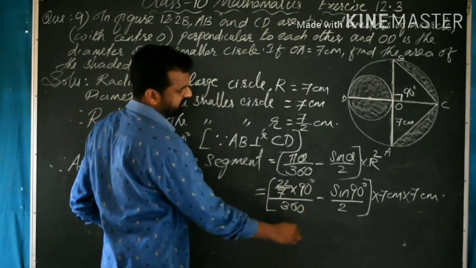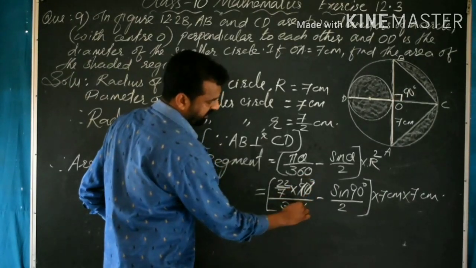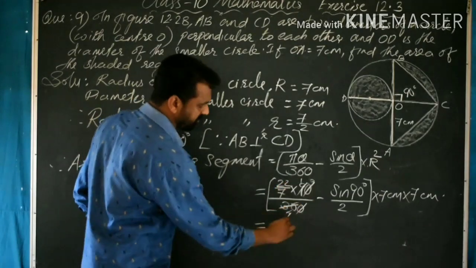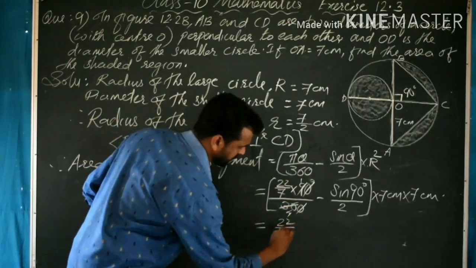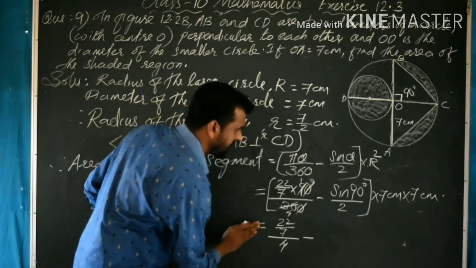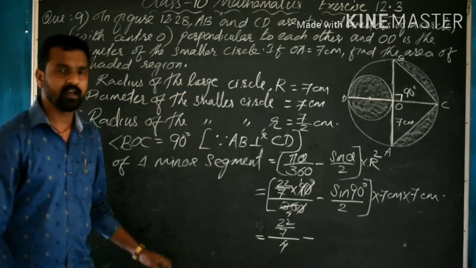90 divided by 360 we can cancel, 0 0 we can cancel, 9 ones are 9, 9 fours are 36. So 22 divided by 7 into 1 by 4, minus sin 90 degree. Sin 90 degree is equal to 1, we have studied in trigonometry already.